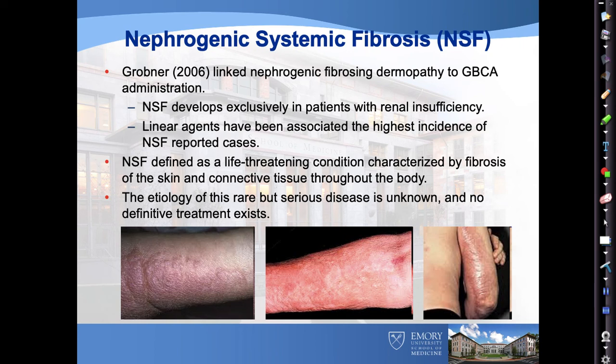Grobner also discovered that linear agents have been associated with the highest incidence of reported NSF cases. NSF is defined as a life-threatening condition characterized by fibrosis of the skin and connective tissues throughout the body. This can be a deadly disease. The etiology of this rare but serious disease is unknown, and no definitive treatment exists.